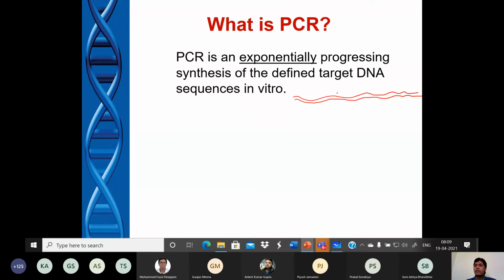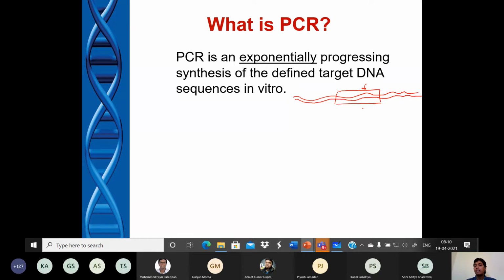Maybe you are interested only in this portion of DNA, and you want to make more and more of this portion. So you can do this PCR reaction, where you can amplify this. For example, initially you have just one DNA or just two DNA molecules, then after 2 hours, 3 hours, you will have millions of this DNA. I will explain how you can get this.